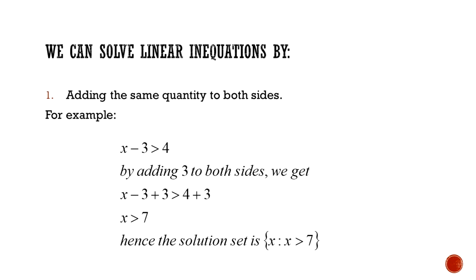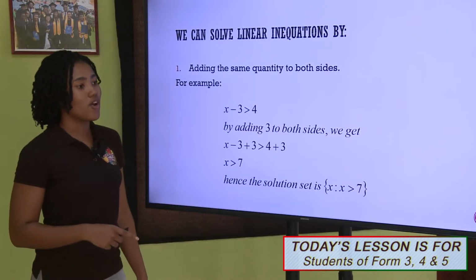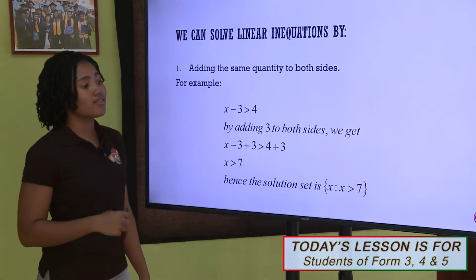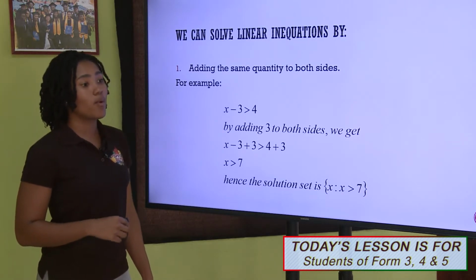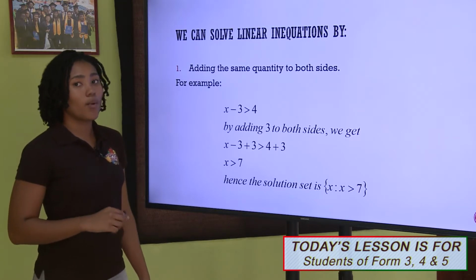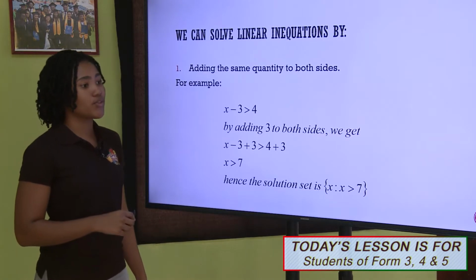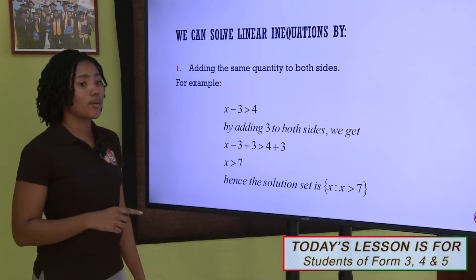We can solve linear inequations by adding the same quantity to both sides. Let's look at this example. We have x minus 3 is greater than 4. Remember, with the greater than symbol, the open end points to the larger side, whereas the closed end points to the smaller side. So we have x minus 3 is greater than 4.